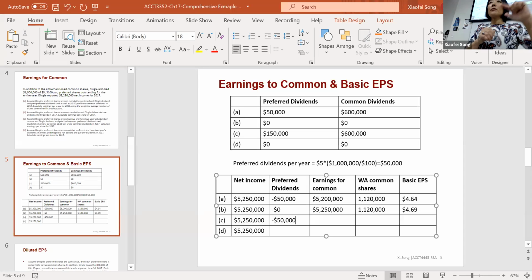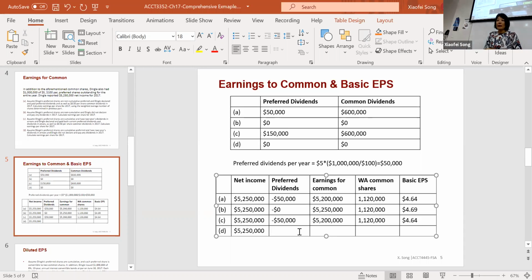So we don't need to subtract it again. The earnings available to common would be 5.2 million, divided by 1,120,000 shares. So our earning per share is $4.64.